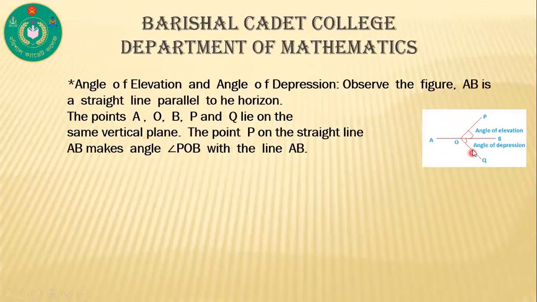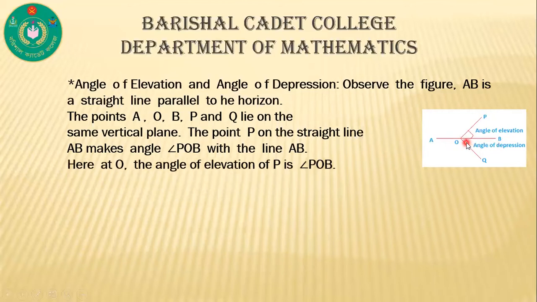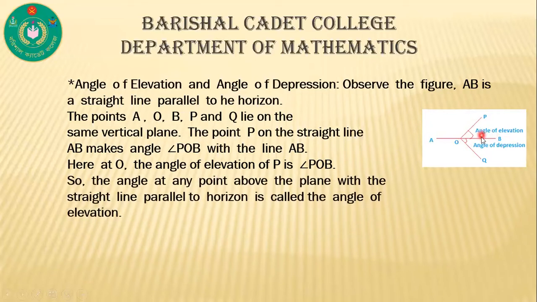The point P on the straight line makes angle POB with the line AB. Here at O, the angle of elevation of P is POB. So the angle at any point above the plane with the straight line parallel to the horizon is called the angle of elevation. Here POB is the angle of elevation.